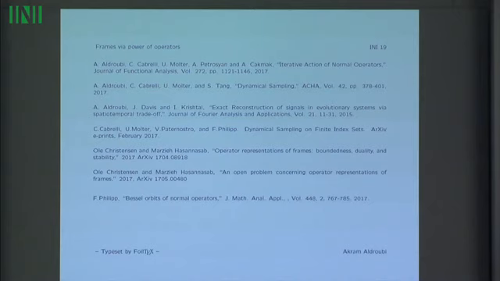They asked the following question: suppose you are given a frame. Under what conditions can you say that this frame comes from the iteration A to the power n applied to g_j, for some j and some n?